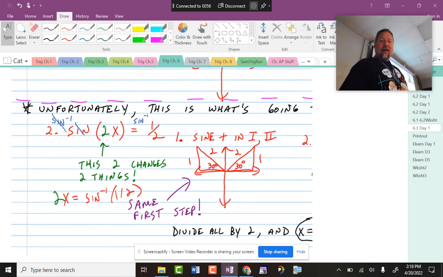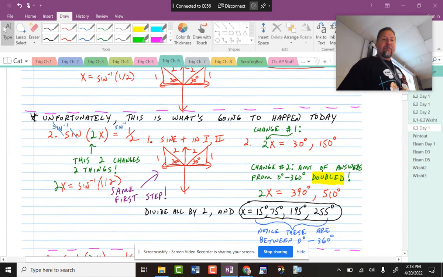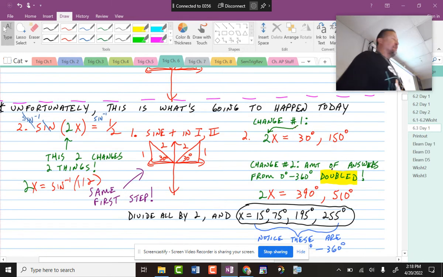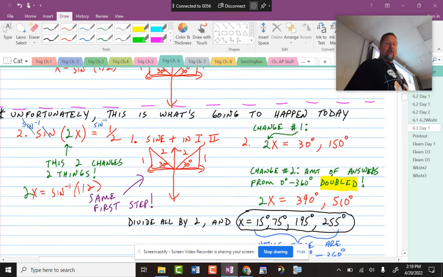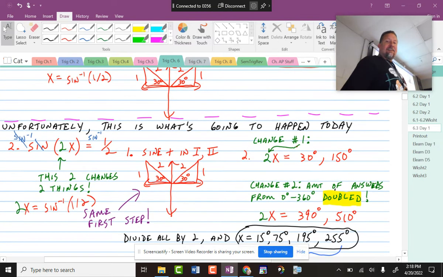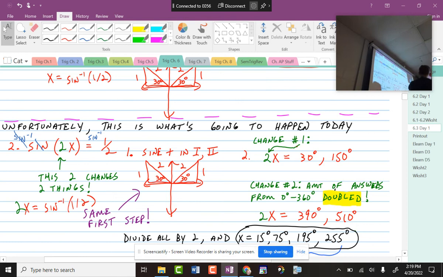So now I'm going to reveal the next part. Here's what you do, and I want you to be robotic and just follow this because it works. So change number 1, I must solve for 2x equals, and I must divide these answers by 2. But the second thing, because of all answers between 0 and 360, I double.